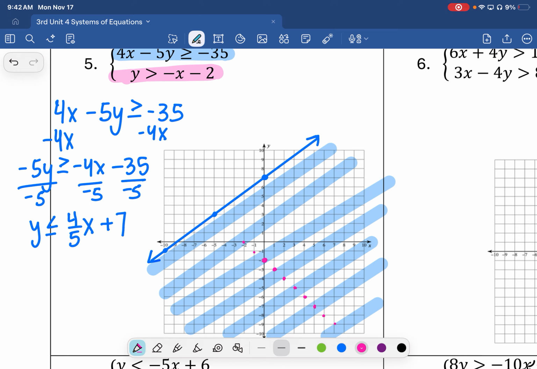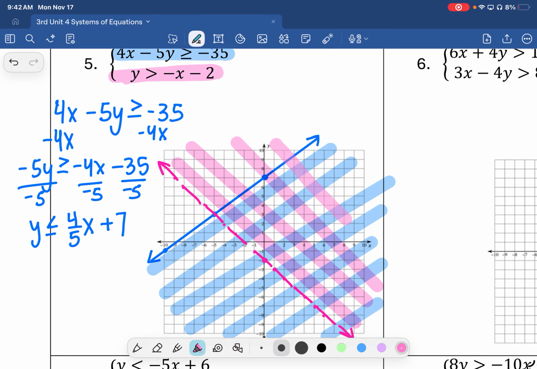It will be dashed. And this will go above because it is greater than. And so this area is our solution.